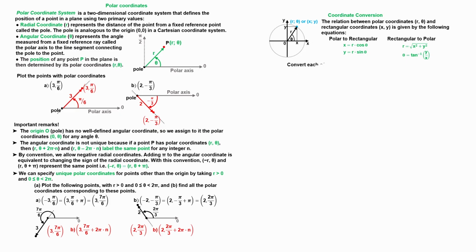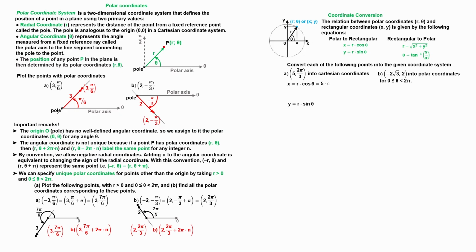Let's see how it works. Convert each of the following points into the given coordinate system. To solve part A, we convert from polar to Cartesian coordinates. The angle 2 pi over 3 radians is located in the second quadrant.